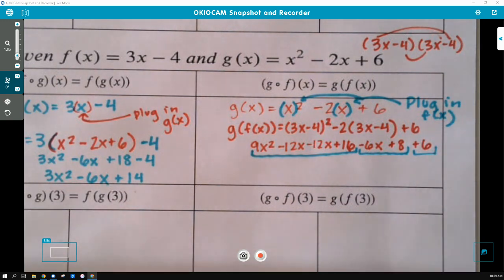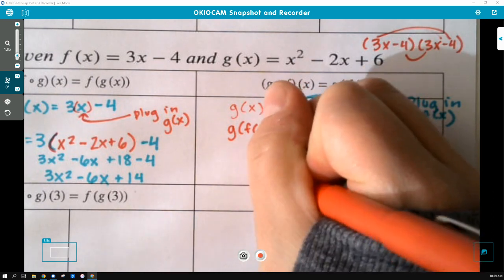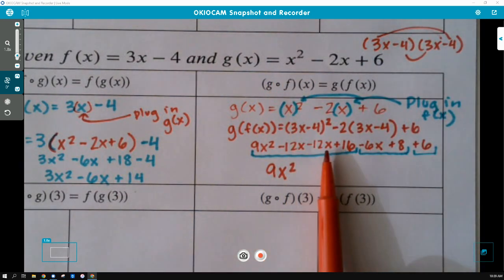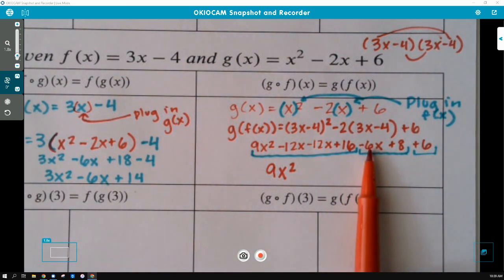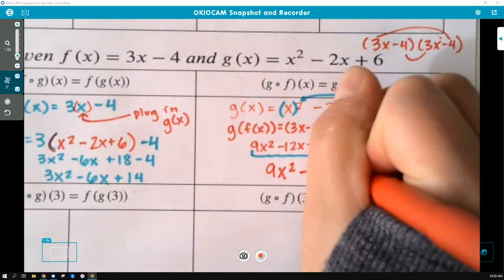Okay, then from there we can combine like terms. So 9x squared stays by itself. Negative 12 and negative 6 is negative 30, because 12, 12, and 6 is positive 30, and they're all negative. That's minus 30x.